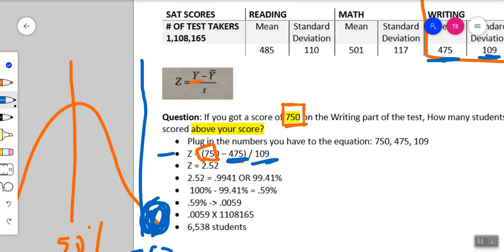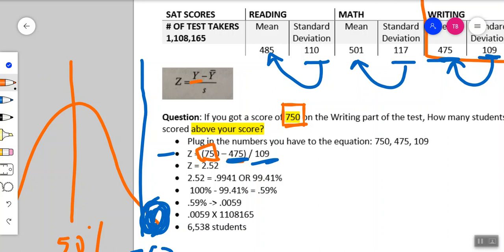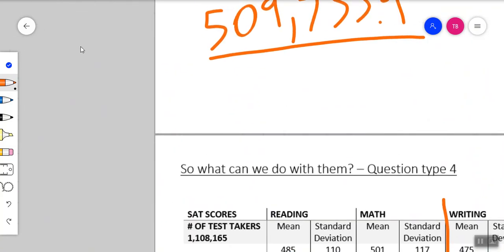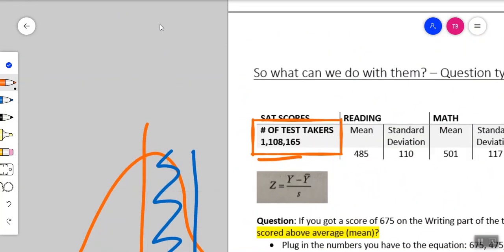Always use the standard deviation connected with the average. So if it was math, you'd use the different one. It's always whatever standard deviation is connected with the average. Okay, so we go ahead and plug that in. You get the z of 2.52. So let's go look up that z of 2.52 on our chart.